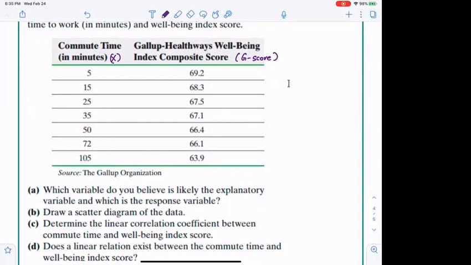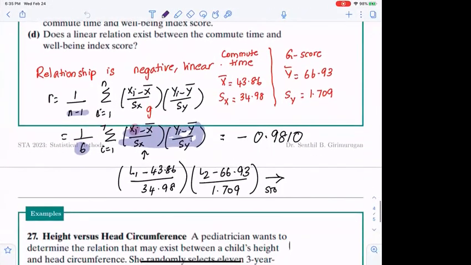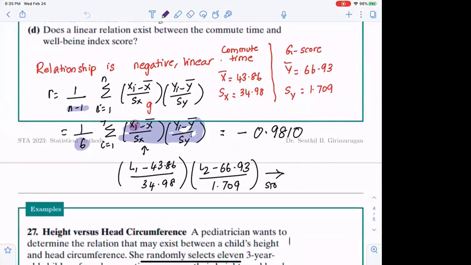So we went back and we used the formula for the linear correlation coefficient, and we ended up getting the value of R and the sample statistics also. The value of the mean happened to be 43.86 for sample X. The value of the mean for sample Y, or the G score, was 66.93.